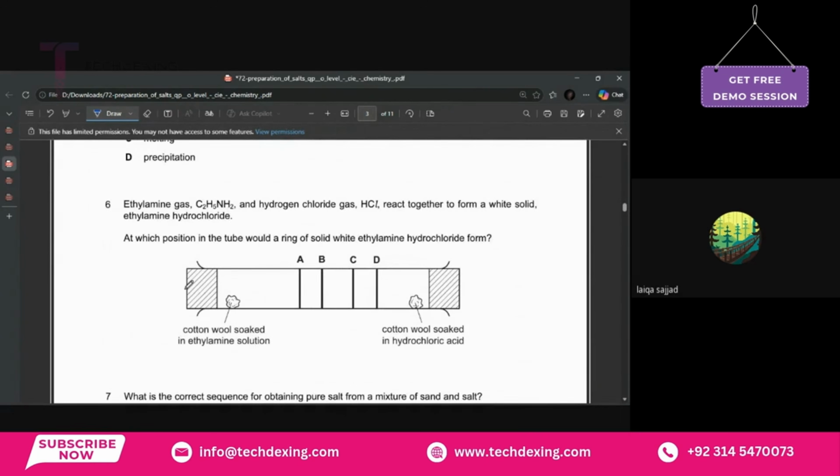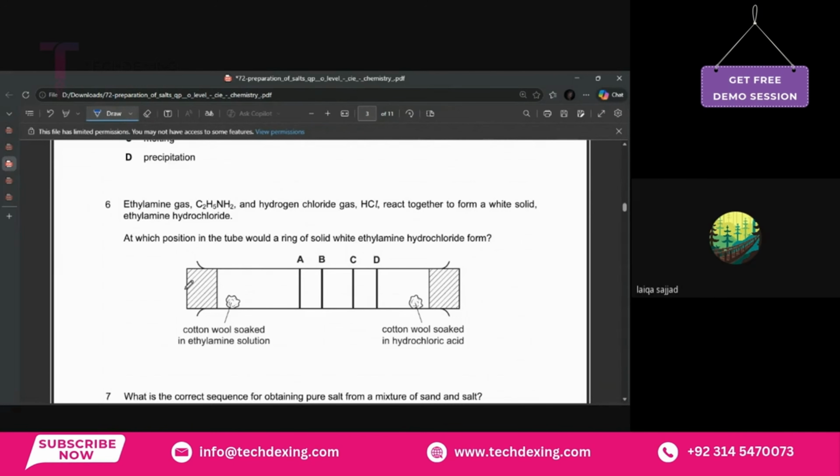Then we are given ethylamine gas and hydrogen chloride gas. They react together to form a white solid, ethylamine hydrochloride. At which position in the tube would a ring of solid white ethylamine hydrochloride form? A, B, C, or D? You are given the options as positions.